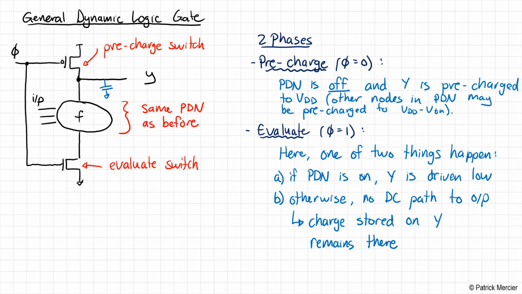If the pull-down network is active, then Y will be pulled down. If the pull-down network is not active, then Y will remain high. So this is the way that we compute logic functions using dynamic logic, noting that the output is only valid during the evaluate phase. During the pre-charge phase, the output is not valid.